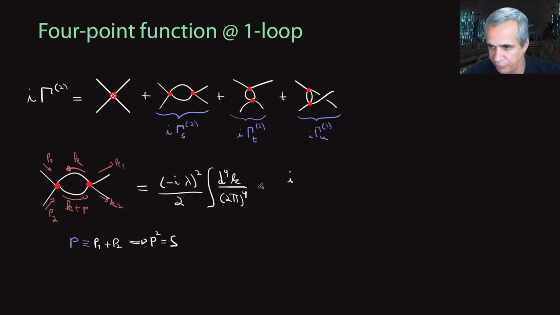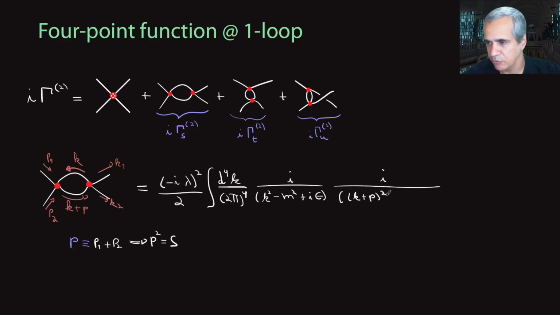Let me write both. So this is the top one, it's just i over k squared minus m squared plus i epsilon. And the other one is i over k plus p squared minus m squared plus i epsilon.